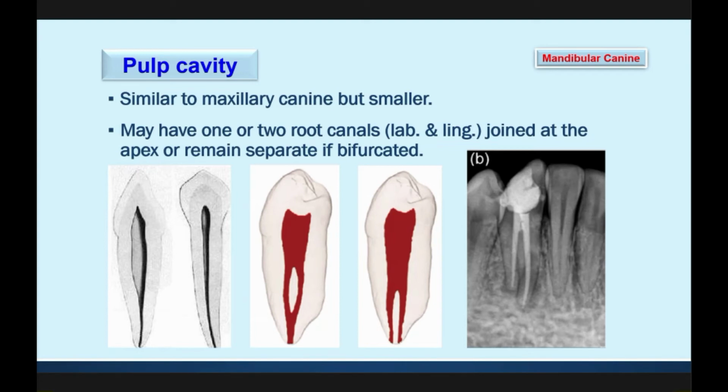May have one or two root canals, labial and lingual, joined at the apex or remaining separate if bifurcated. So this is very normal, but of course you will get many single canals, but there is a chance that in 50% of cases you will get canals like this, split either into two apices or split and then joined again into a single apex.